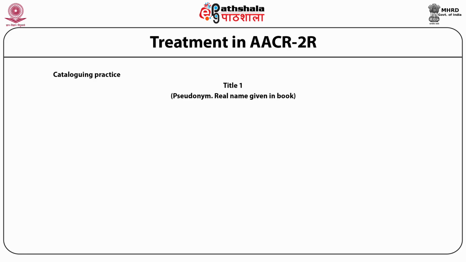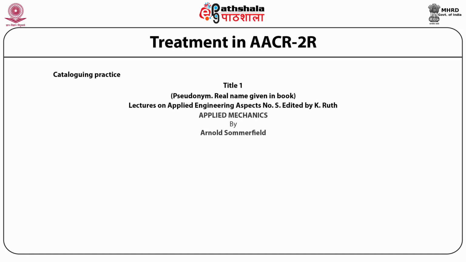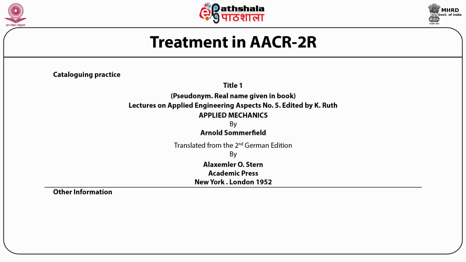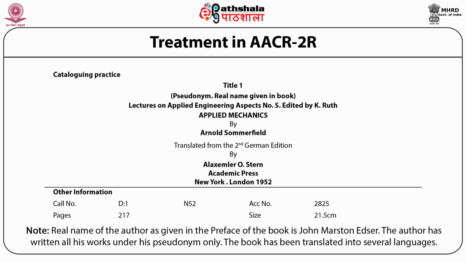The title page includes series, title, pseudonym, name, collaborator, and the imprint. Other information, that is call number, accession number, pages and size, is also given. The note indicates that the real name of the author is also given in the preface and the author has written all his works under his pseudonym only. The book has been translated into several languages.